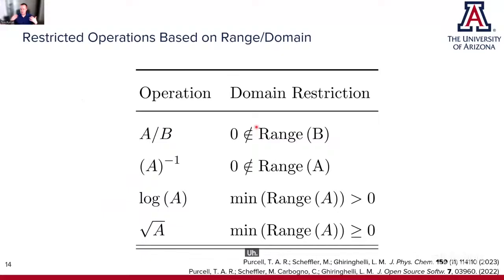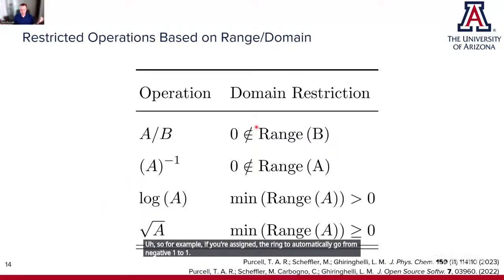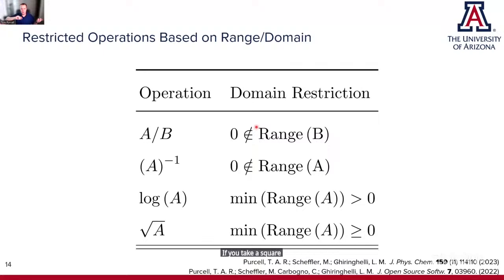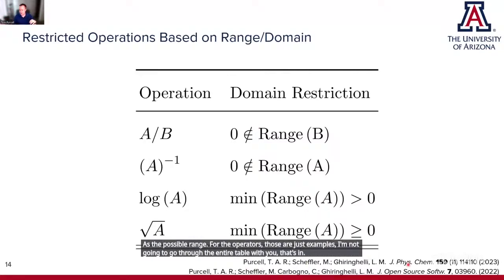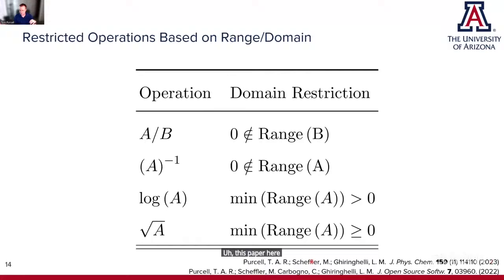So for example, if you have a sine, the range will automatically go from -1 to 1. If you take a square root, we can define the square root of the min and the square root of the max as the possible range. For the operators, those are just examples. I'm not going to go through the entire table with you. That's in this paper here in JPhys Chem.